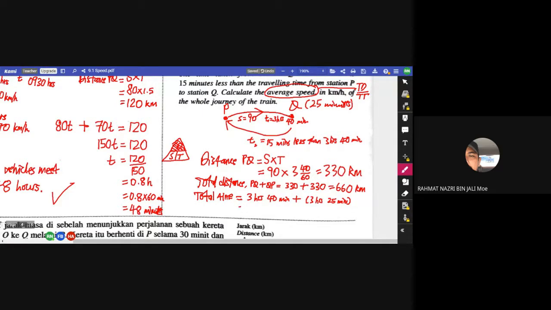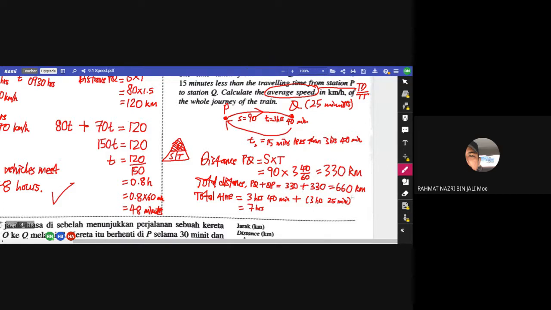If we plus together, we have 7 hours. 40 plus with 25, we get 65. So 65 is over 60, so we give 1 hour to the hours, so we get 7 hours and 5 minutes.